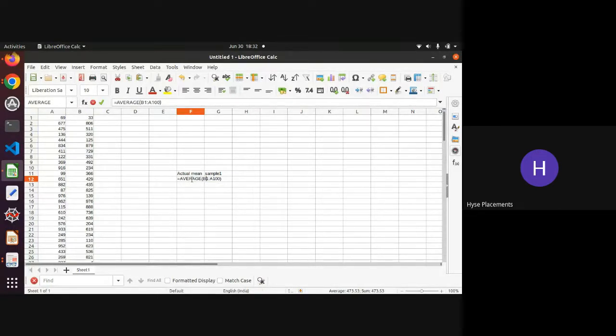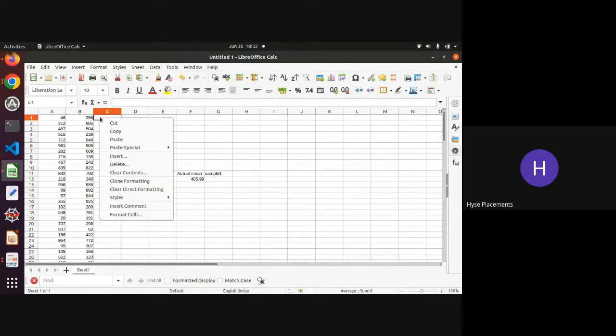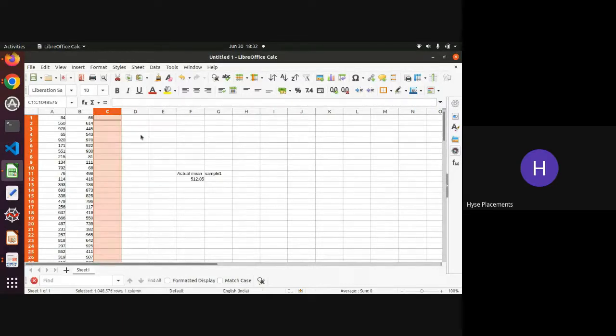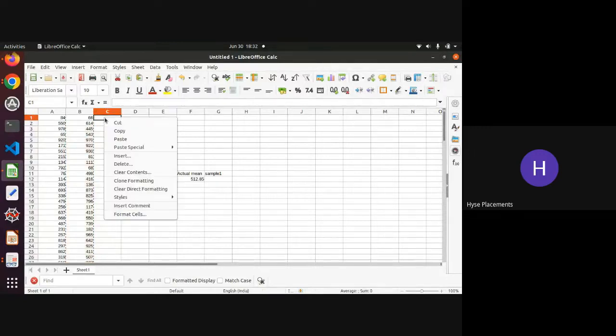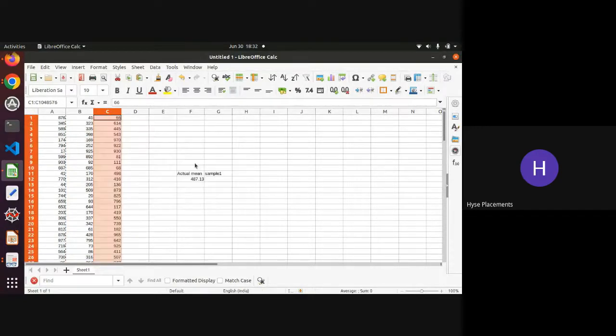We need to make sure the value is constant every time. Oh, again, these are also changing. So I need to paste it as text, only the numbers. Good. Now it will not change.